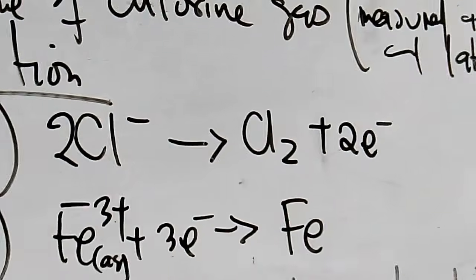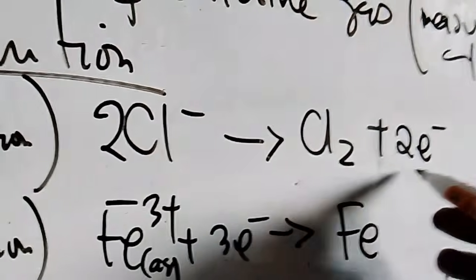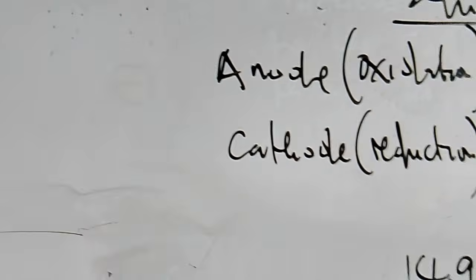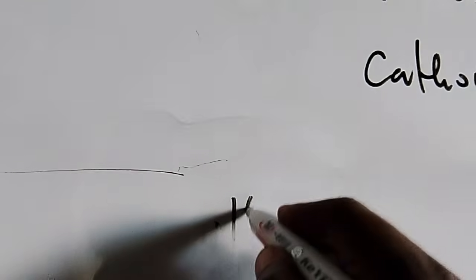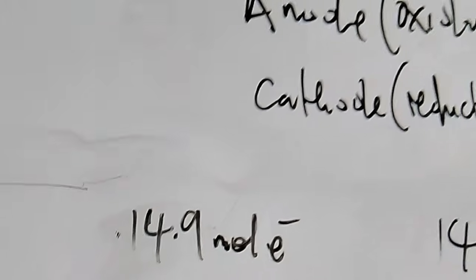We can compare the mole ratio of chlorine gas to moles of electrons. So it's 1 to 2. So we have 14.9 moles of electrons.